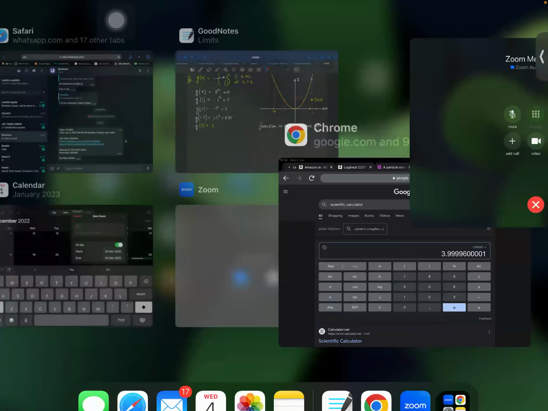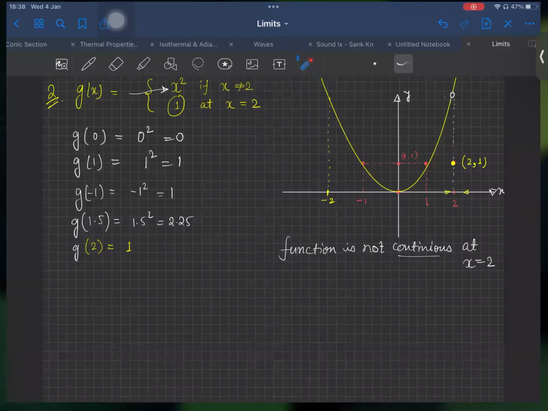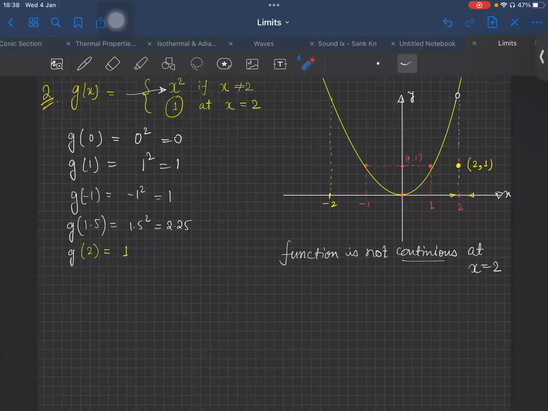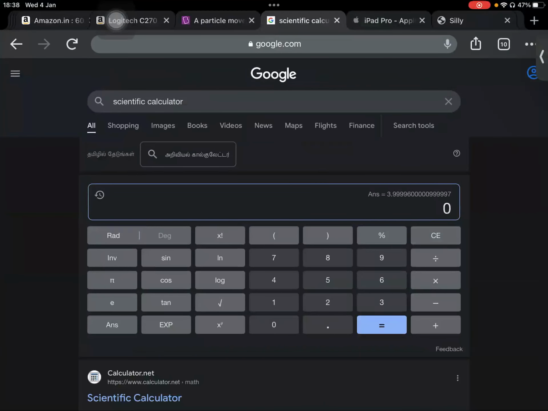So let's write down here. If x is equal to 1.999, three nines, and you square this, how much are we getting? 3.996, right?